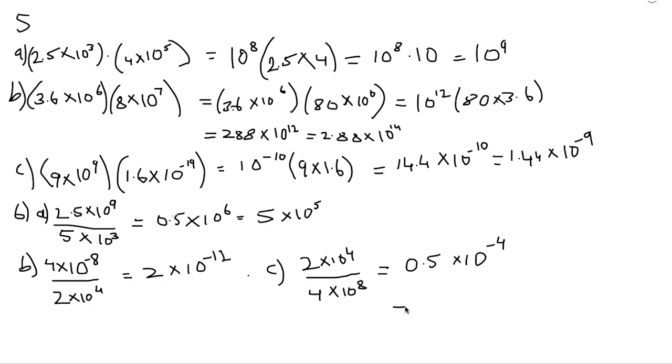If it is rewritten, we get 5 times 10 to the power negative 5. The decimal place moves to the right by 1 and the power should decrease by 1. So negative 4 minus 1 will become negative 5. So this is the right answer.